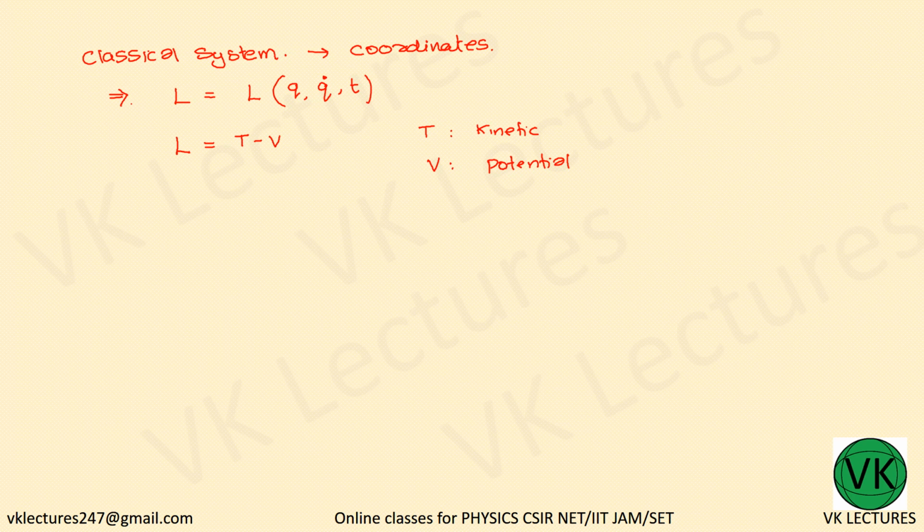Through this, our aim is to calculate the Lagrangian, that means to find out the kinetic energy and the potential energy of the system. For that we need the generalized coordinates.